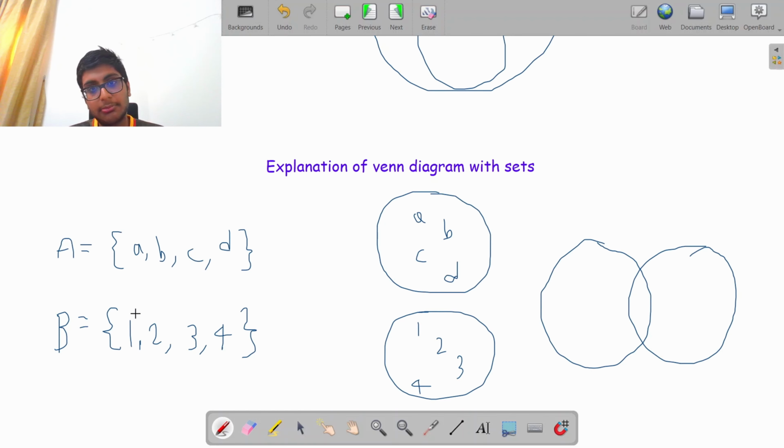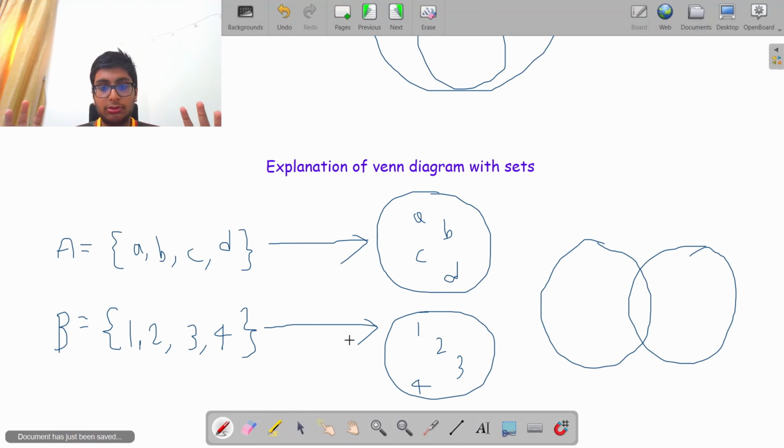And we represent them as two circles or two different groups. One that contains the letters itself, and this is known as A, and the other one is known as B. So these are different groups or different categories that give us different information.